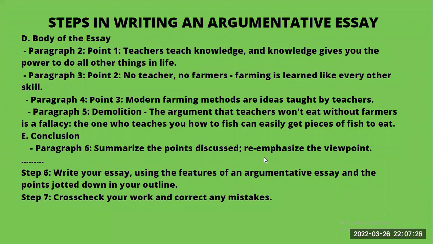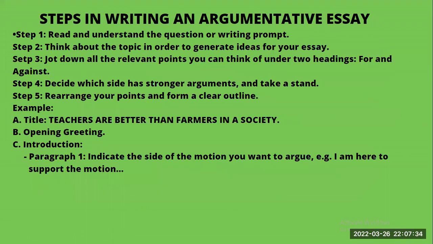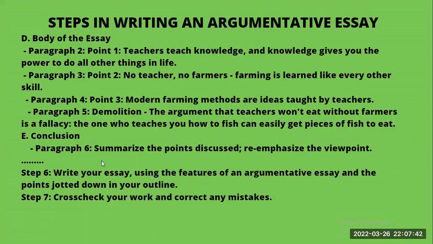All right. Then once you are through with your outline, the next step, which is step number 6, don't forget we have gone to step number 5, where you rearrange your points and form a clear outline. We have gone through the outline, and the next step, which is step number 6, is to write your essay using the features of an argumentative essay and the points you jotted down in your outline.